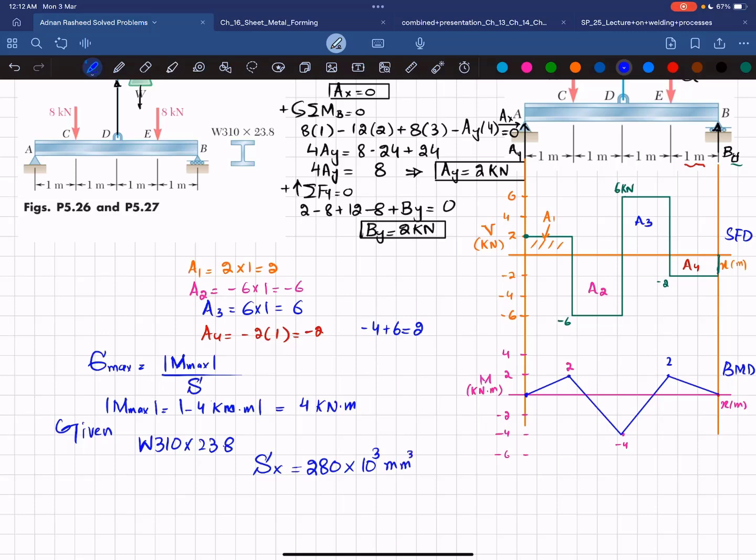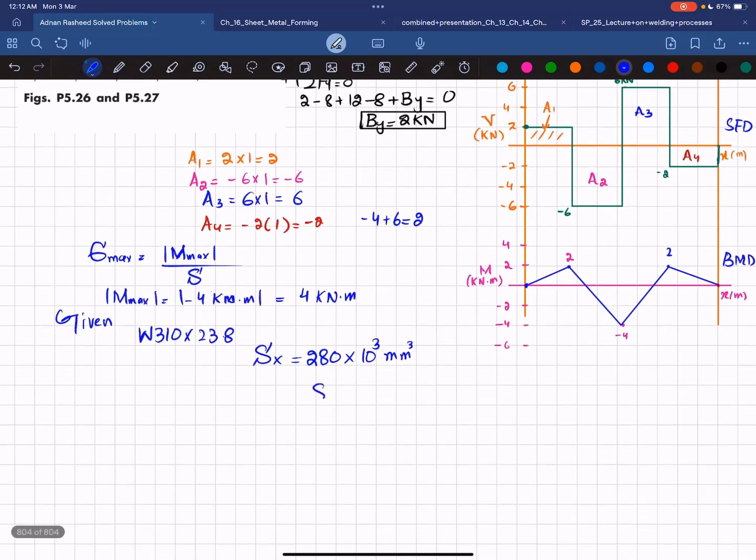And if you convert it into meters, Sx will be equal to 280 into 10 to the power 3 multiplied by 10 to the power minus 3, whole cubed, and this will be cubic meter. So that will give you 280 into 10 to the power 3 into 10 to the power minus 9 cubic meter.